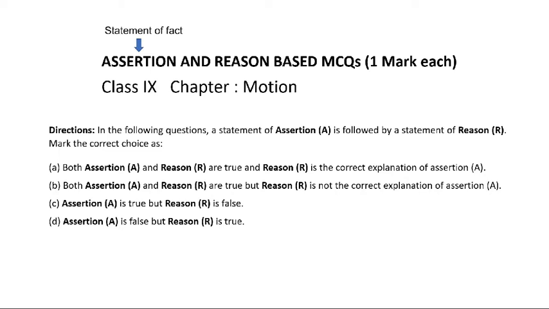We'll take one simple assertion, that is a statement of fact, and the reason, and find out what the answer is, okay? And that will give you a clear picture of how you can attempt this.